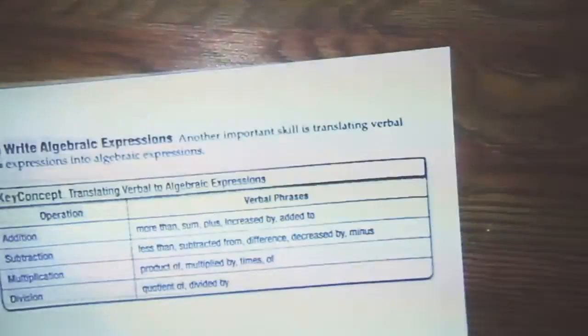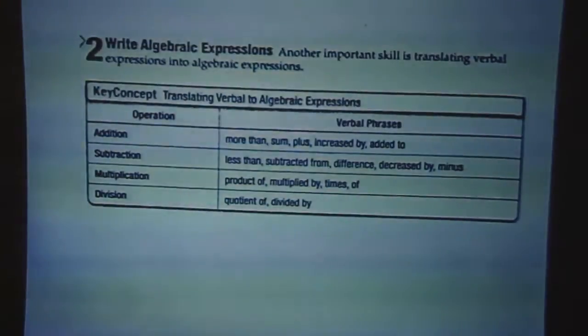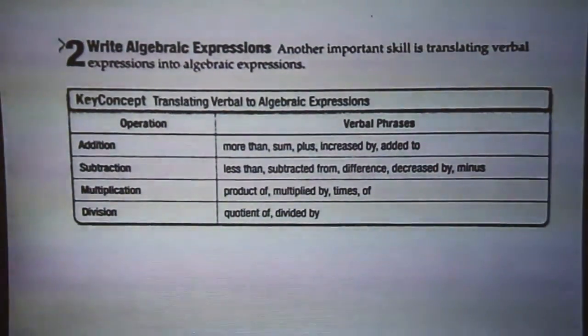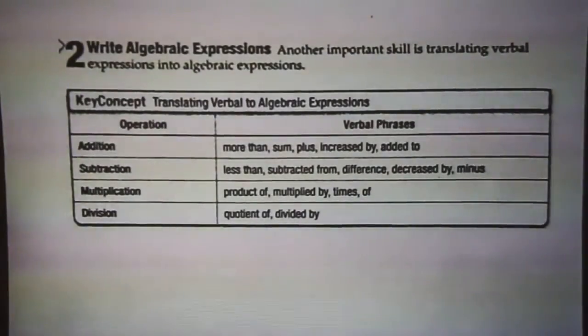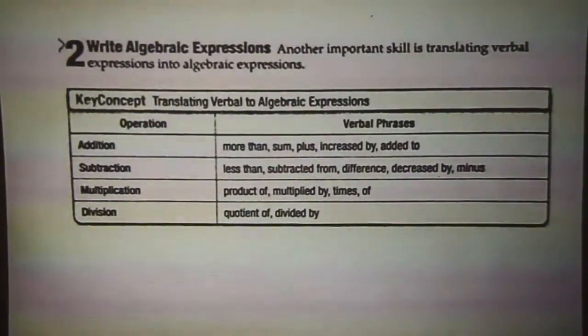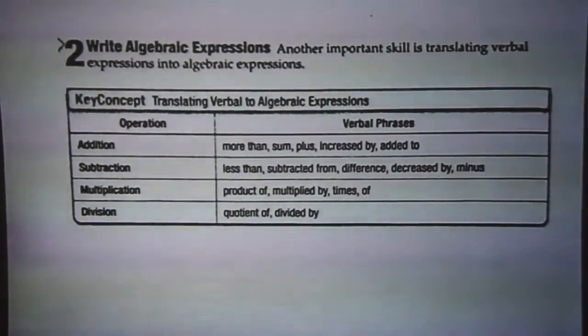In your textbook, there's a little section that shows a very important chart for us to look at today, that shows us the various words and how we explain those words in math. So let's take a look at some of these operations.